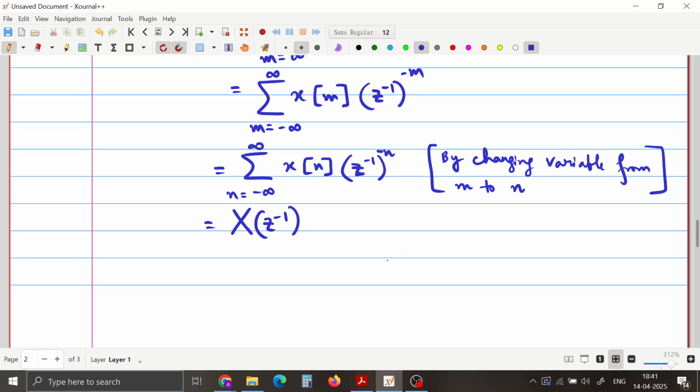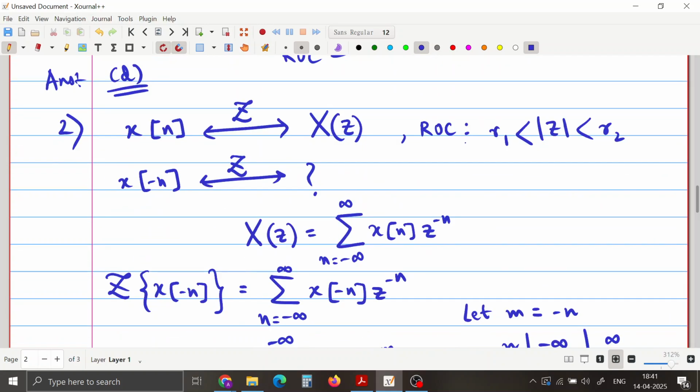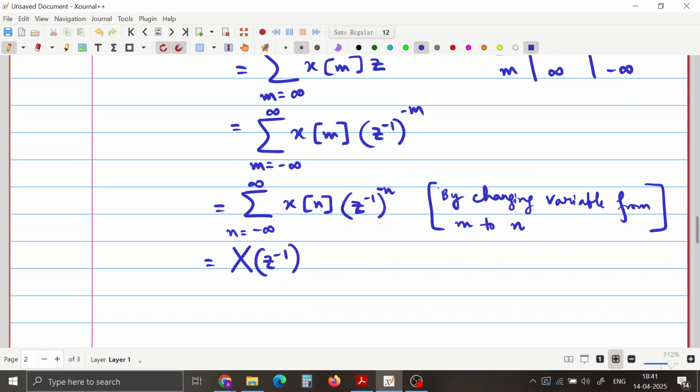Now for the sake of completeness, we will also study its ROC. For capital X of z, we assumed that the ROC is bounded between R1 and R2, so mod z lies between R1 and R2. For X of z inverse also, we need this to be satisfied, so mod of z inverse should be within R1 to R2.